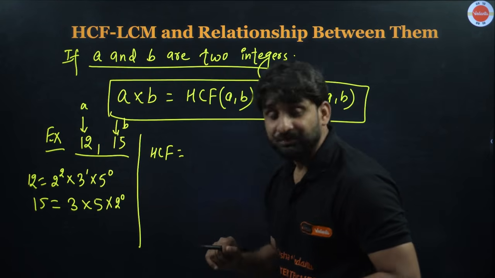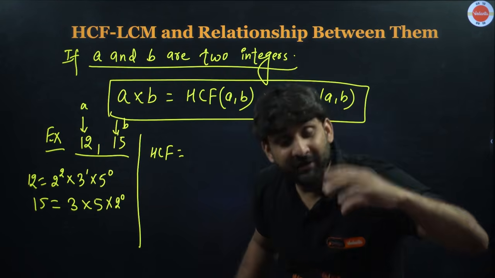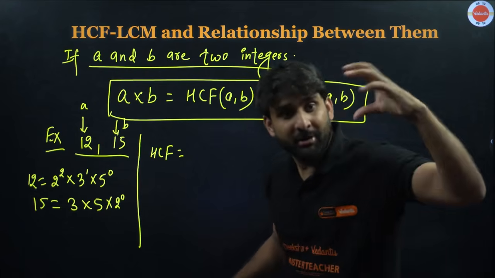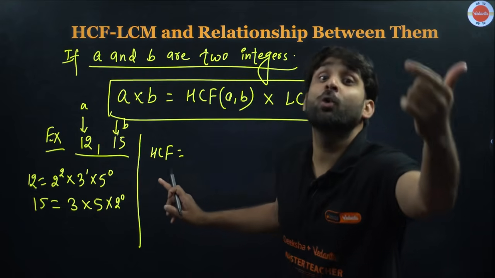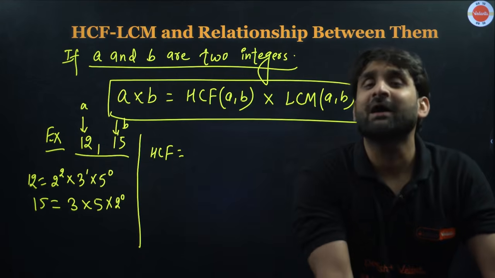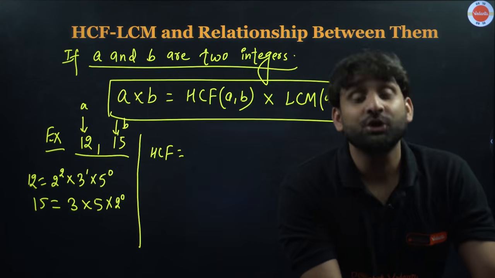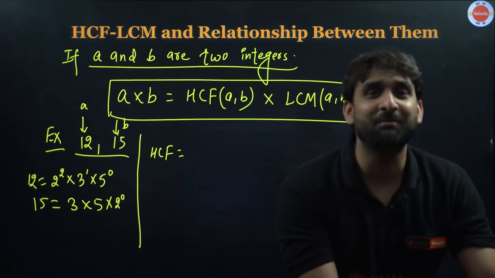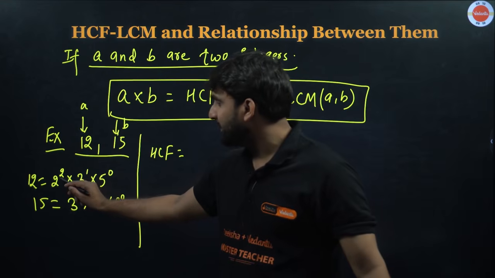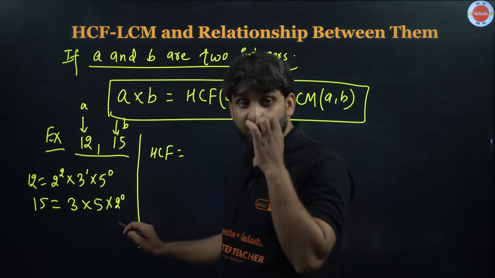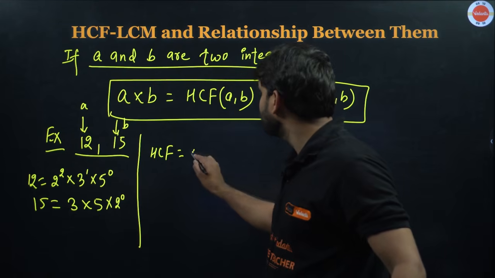Now in HCF, take the lowest common power. For the highest common factor, take the lowest power of their prime factors. 2 to power 2 is here and 2 to power 0 is here, so we take the lowest, 2 to power 0.